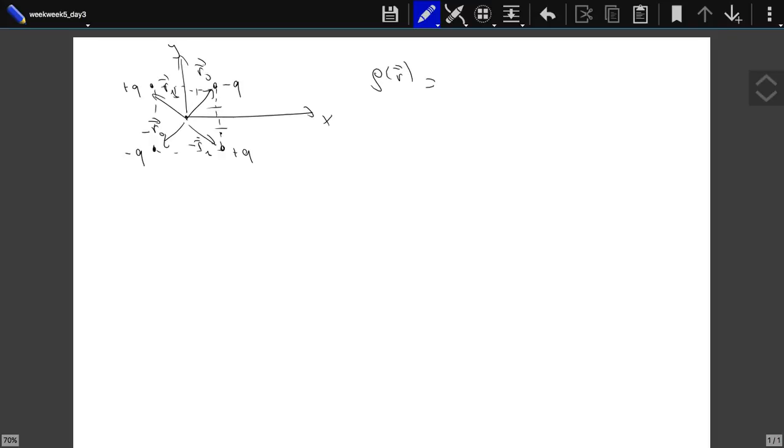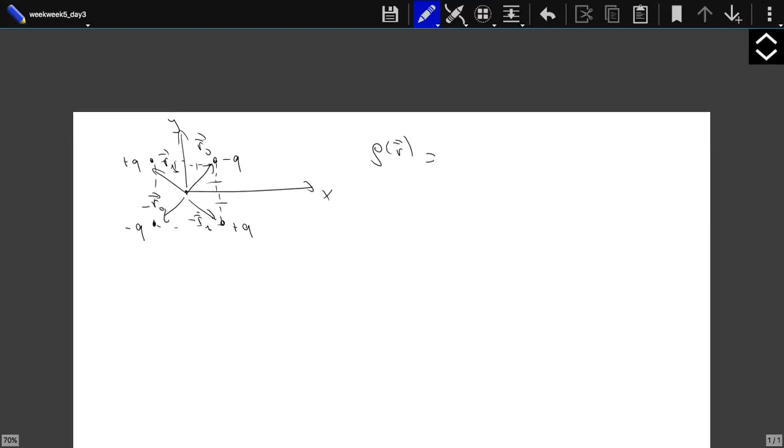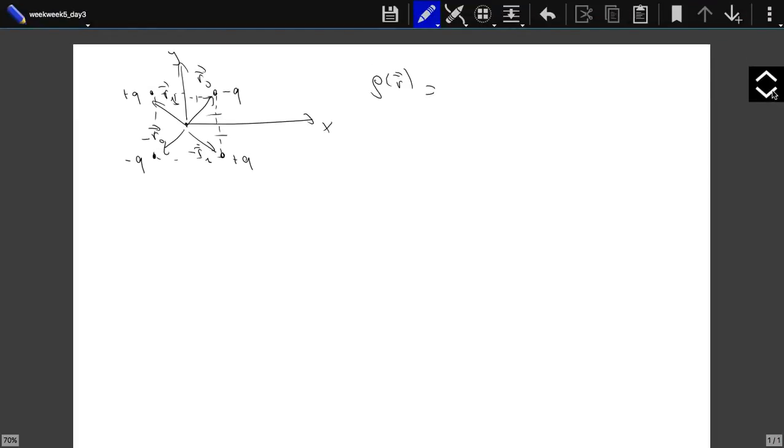So what are the charges? What is the charge density of this configuration? Minus Q, Dirac delta, r minus R0. Plus Q, Dirac delta, r plus R0.